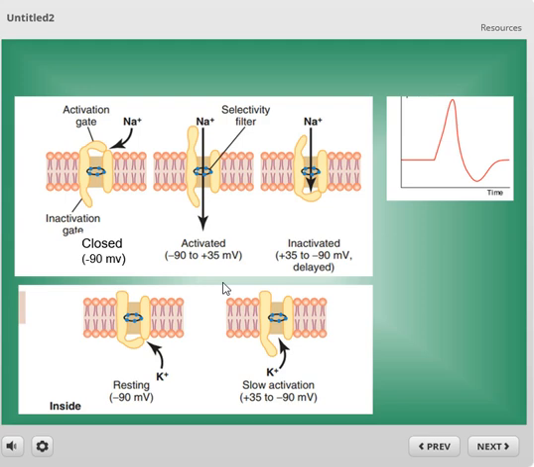But the potassium channels activate more slowly and have just one gate, named the activation gate of the potassium channel, and can remain open longer and produce afterhyperpolarization.